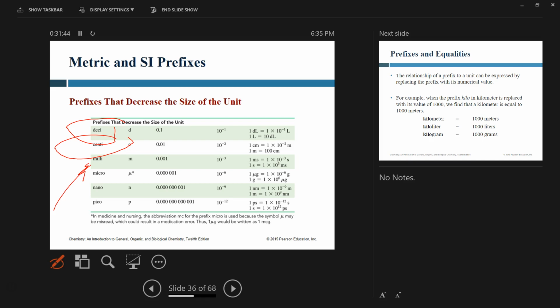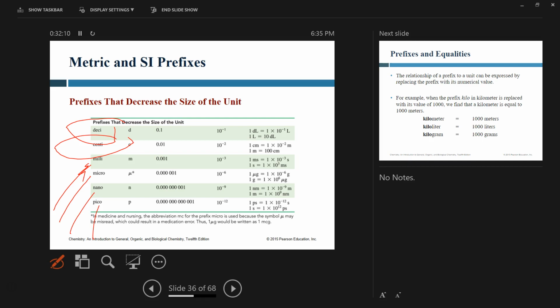So micro, 1/1,000,000th, nano is 1/1,000,000,000th, and pico is 1/1,000,000,000,000th part. Does it make sense? Those are the prefixes that you need to know.